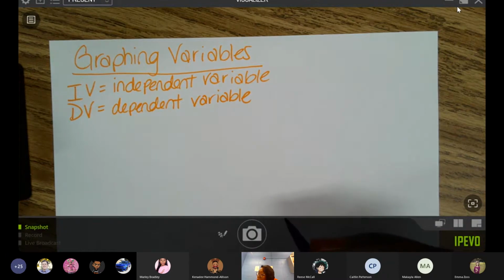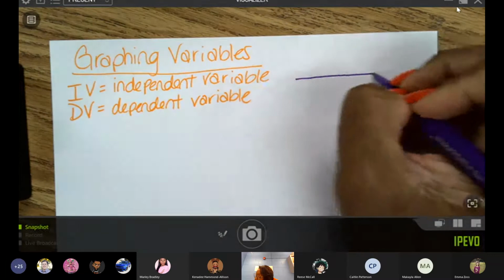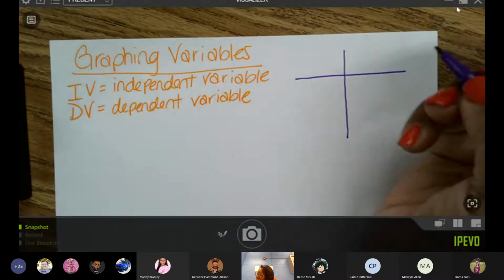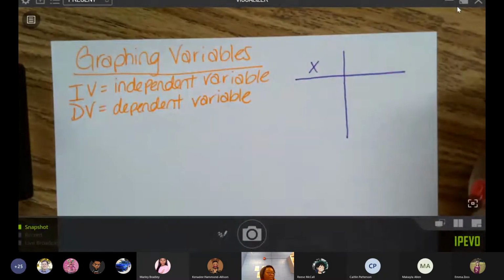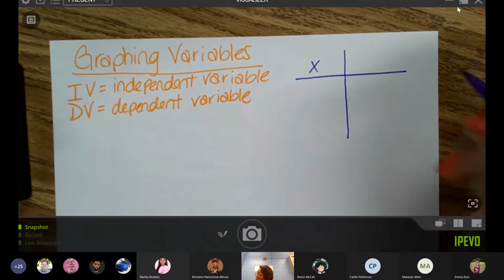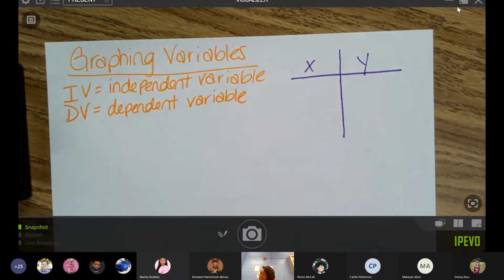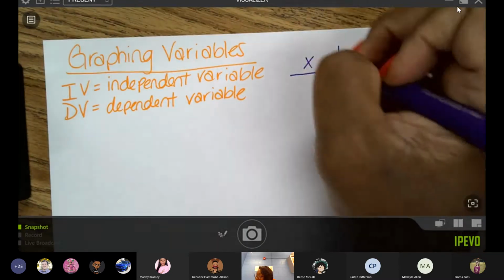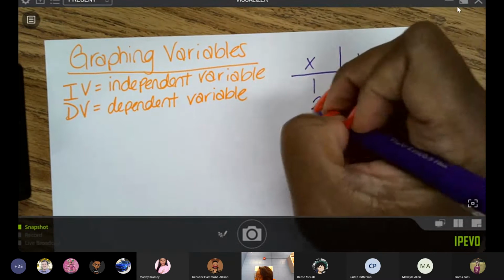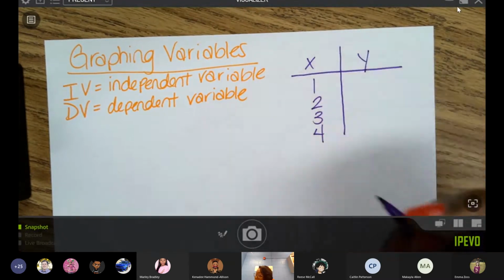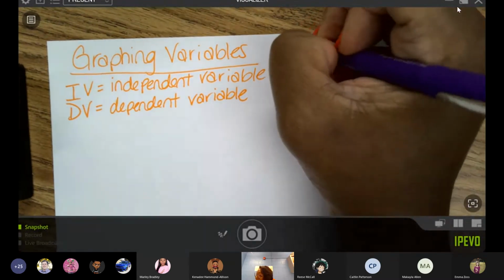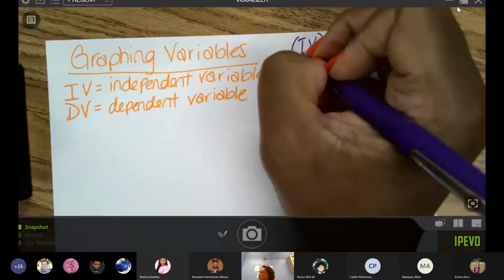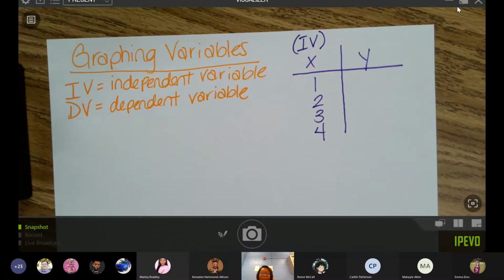In order to do that, I want us in our notes, this doesn't have to be huge, we're going to draw a T-chart. On the left side, we're going to write an X, and on the right side, we're going to write a Y. Any numbers on the left side of my chart are what I have changed as the experimenter, the independent variable.